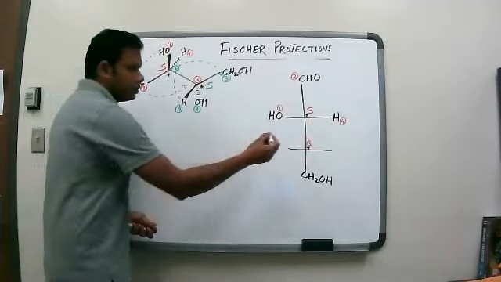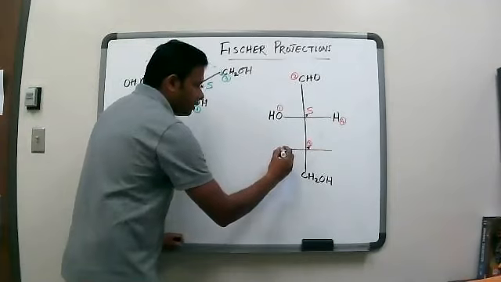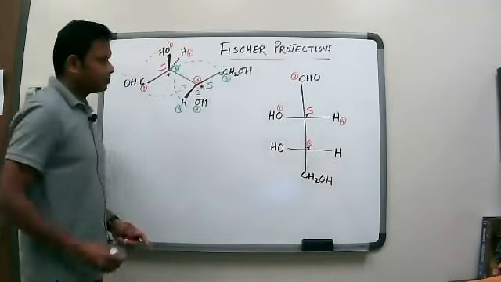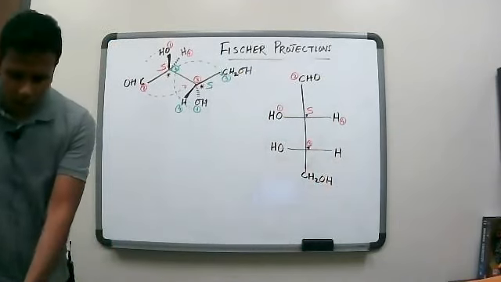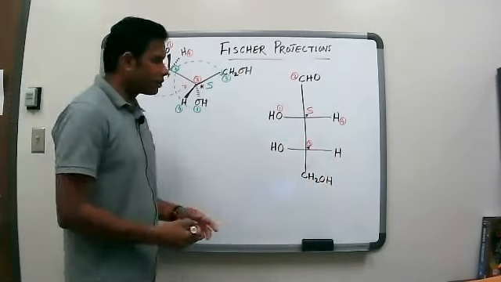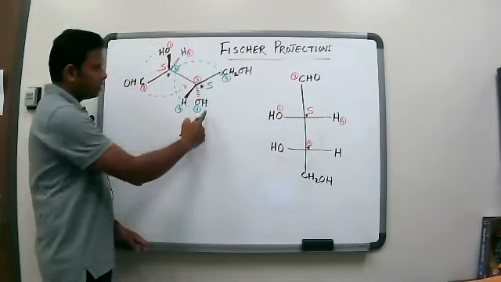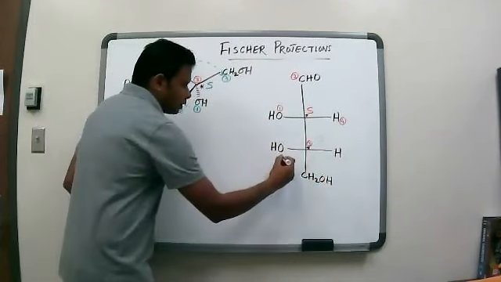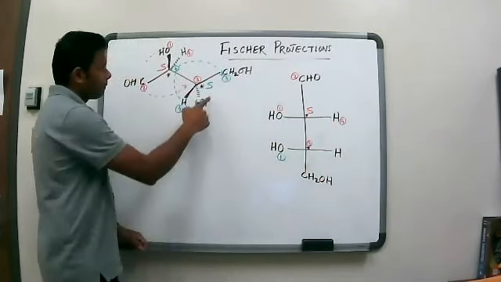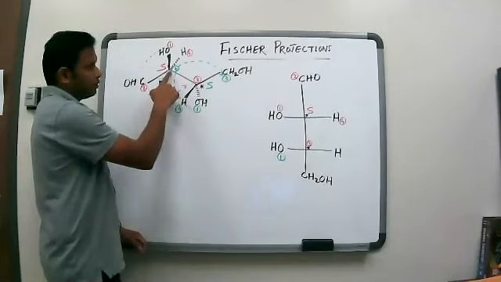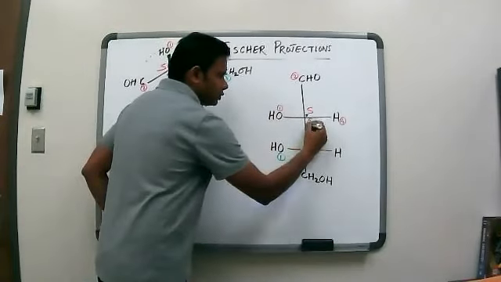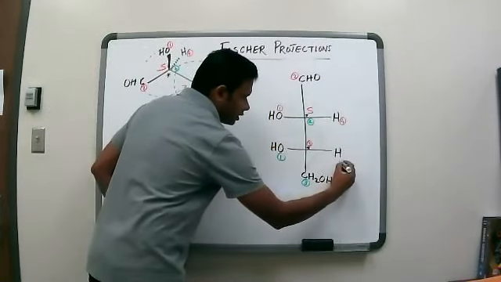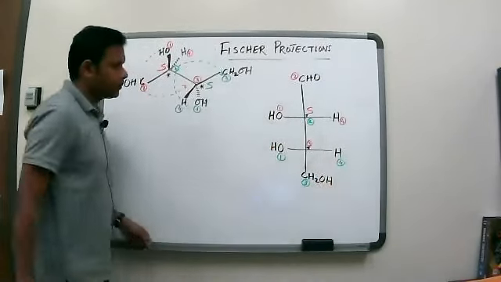Now what we'll do is we'll do the same for the next chiral center. We'll put hydroxyl on the left and hydrogen on the right, and we'll see if this is what we want, or if this is wrong, okay? And again, taking the priorities from this wedge and dash picture, the hydroxyl is 1, the first chiral center is 2, CH2OH is 3, and hydrogen is 4.